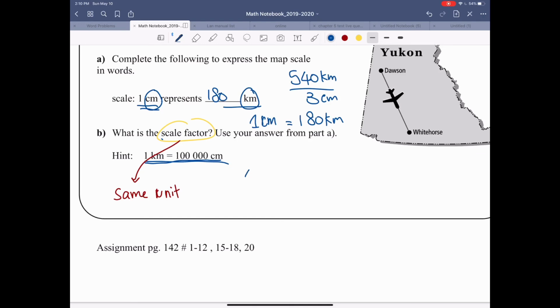Let's write down that 1 centimeter represents 180 kilometers, which is what we got from the last question. Then we convert this kilometer to centimeters. So 1 centimeter represents 180, and how many zeros do you add? 1, 2, 3, 4, 5 zeros, in centimeters. That will be your scale in the same units, and 1 over that whole thing will be your scale factor.